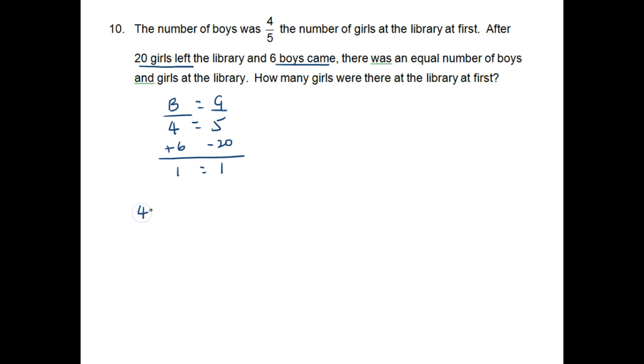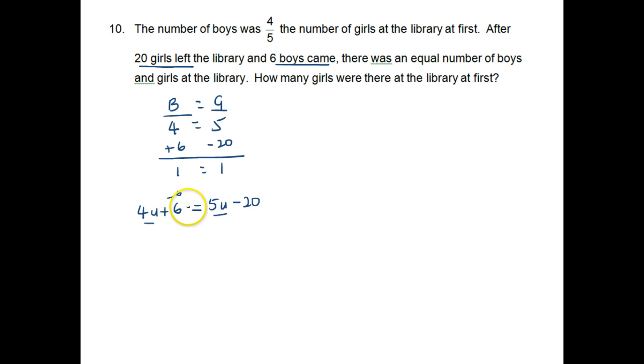So 4 units of boys plus 6 boys who came is equal to 5 units of girls minus the 20 who left. Therefore, 5 units minus 4 units. To take away the 6, I must minus 6.